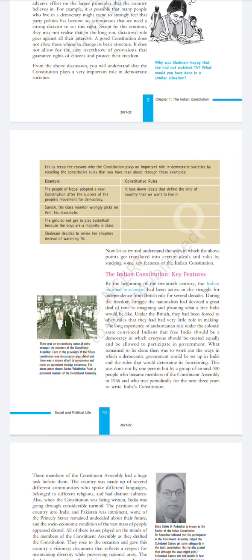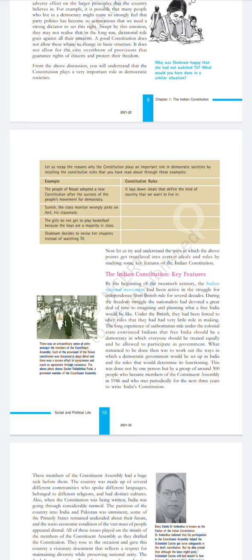It lays down ideals that define the kind of country that we want to live in. Suresh, the class monitor, wrongly picks on Anil, his classmate. Wrong judging. The girls do not get to play basketball because the boys are a majority in class. Inequality. Shabnam decides to revise her chapters instead of watching TV.